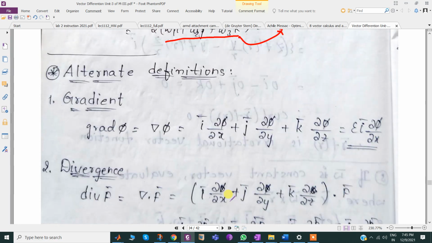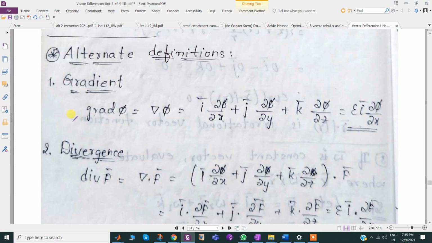Some alternative definitions. This one we have studied already. Grad phi is equal to del phi, i bar dou phi by dou x plus j bar dou phi by dou y plus k bar dou phi by dou z. Or simply, since the cyclic notation, the sigma is represented as cyclic notation. As per cyclic notation, at a curl we may discussed our cross product i bar j bar k bar cyclic.